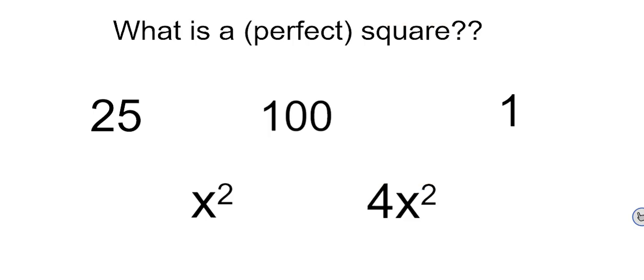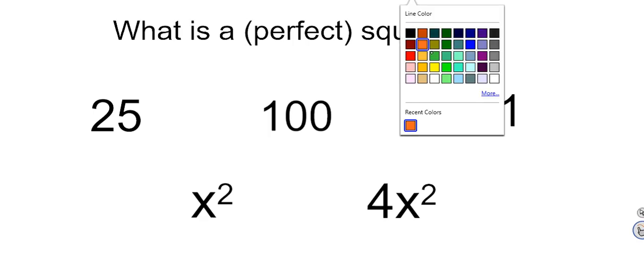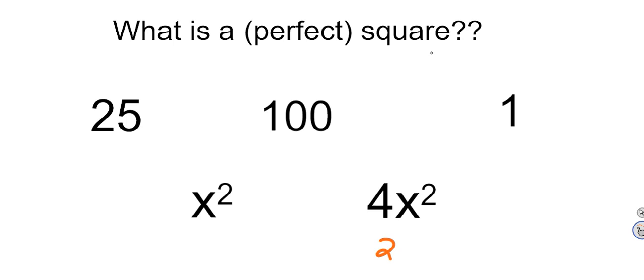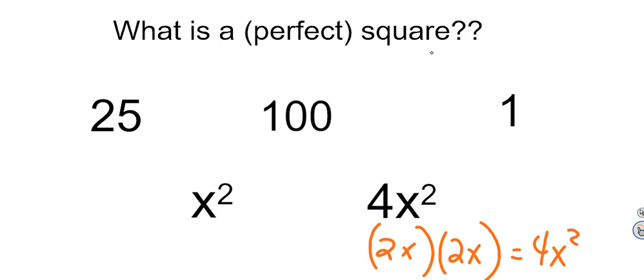And then we can combine the two. 4x squared is considered a perfect square because 2x times 2x gives me 4x squared. So once again, 1 times 1, 10 times 10. Anything times itself, the result we call a perfect square.